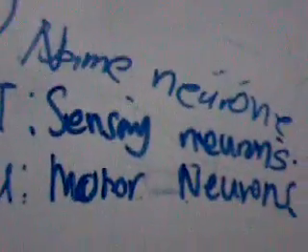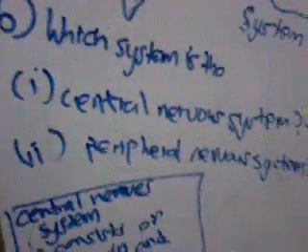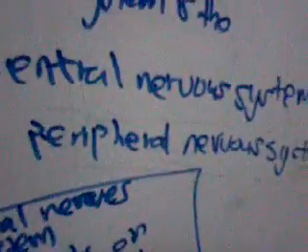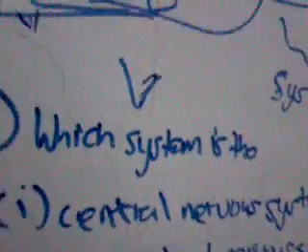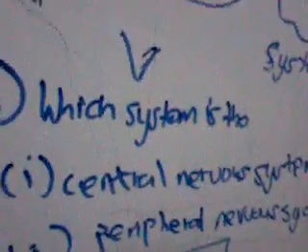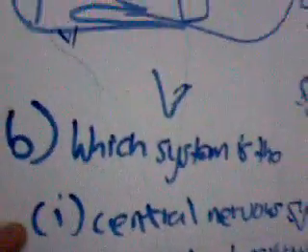Let's go to question number B. Which system is the central nervous system, and which is the peripheral nervous system? So let's go to number 1 here, central nervous system.